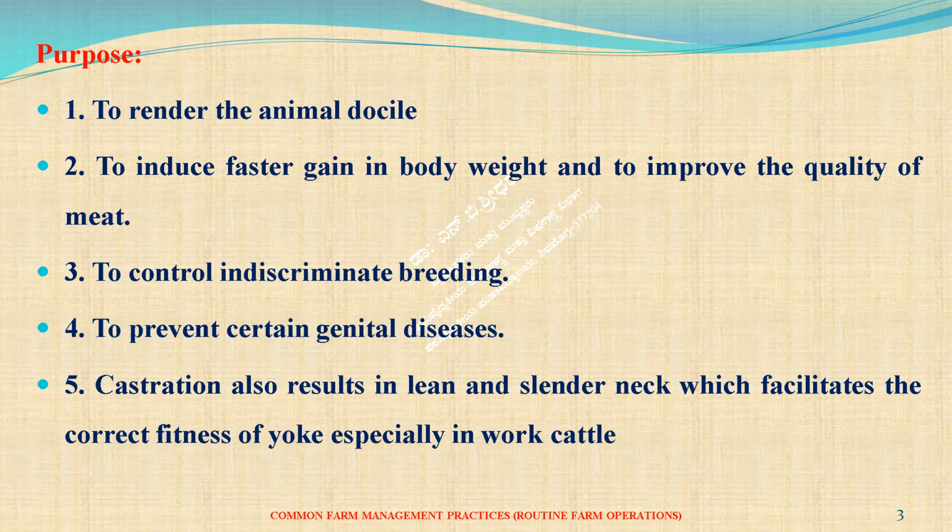It also helps to prevent genital diseases of many animals. Castration also helps in a lean and slender neck, which facilitates the correct fitting of the yoke, especially in work bullocks or work cattle used for plowing.